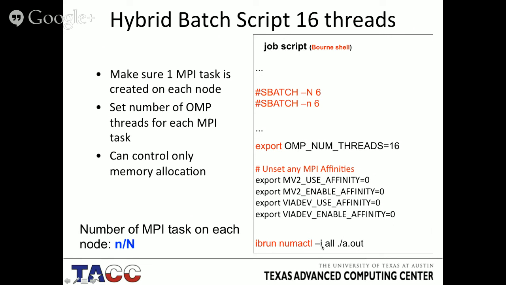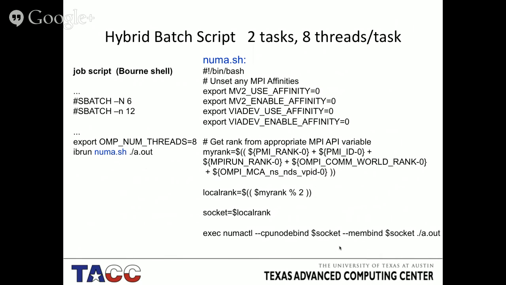And now what we're going to do is say we want interleave all for each of these a.outs. So you're going to launch a.out on one of your hardware nodes, another, and you're going to do 6 of those. And the ib_run on each one of those is going to do a numactl -i all a.out. Okay, and it's going to run that on it. And underneath, you are going to get your 16 threads like we showed previously.